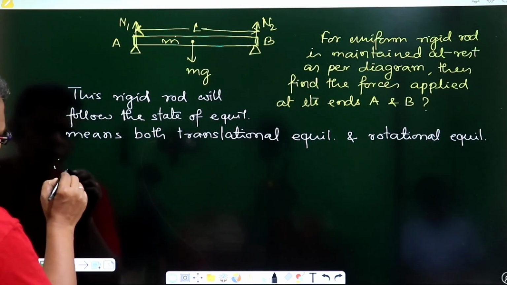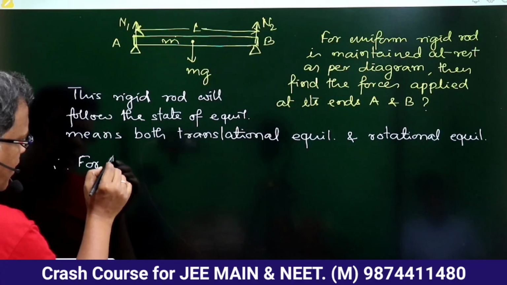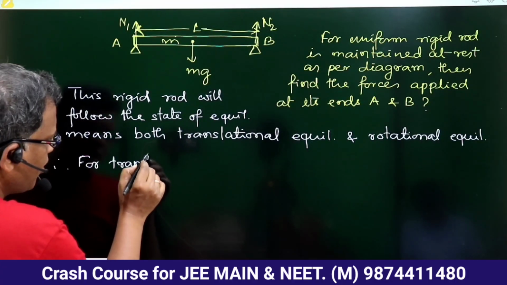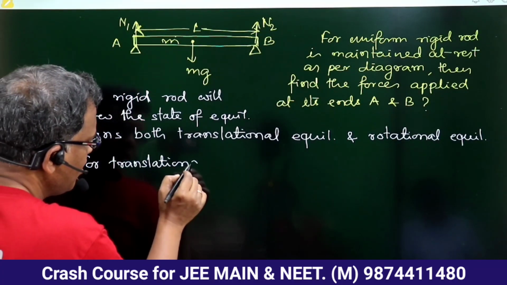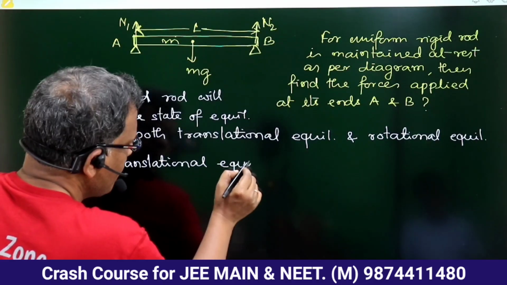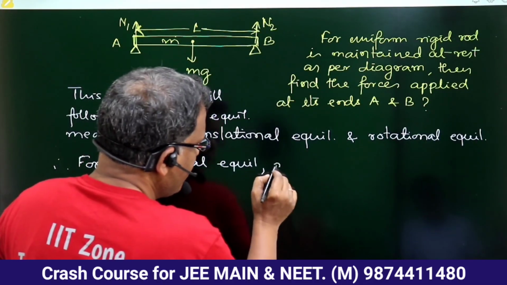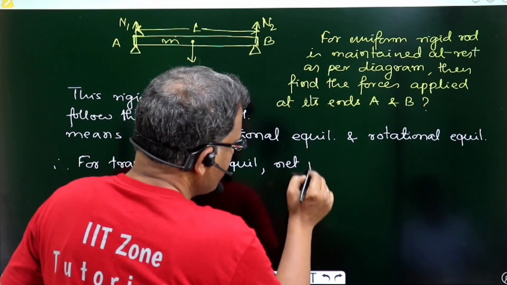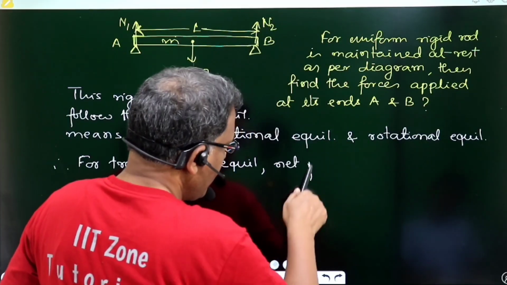So therefore for translational equilibrium, net force on the rod will be 0.